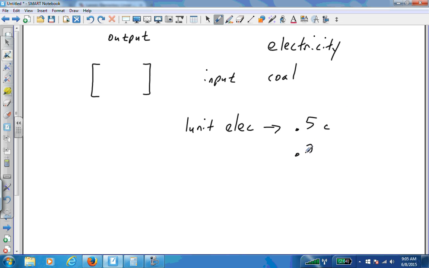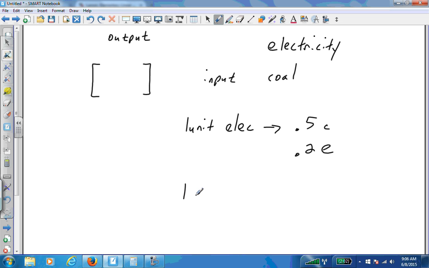So let's say it takes 2/10 of a unit of electricity to run the machines that are taking the coal and breaking it down and then turning it into heat, which they're using to turn turbines to produce electricity. So it takes both coal and electricity to produce electricity.